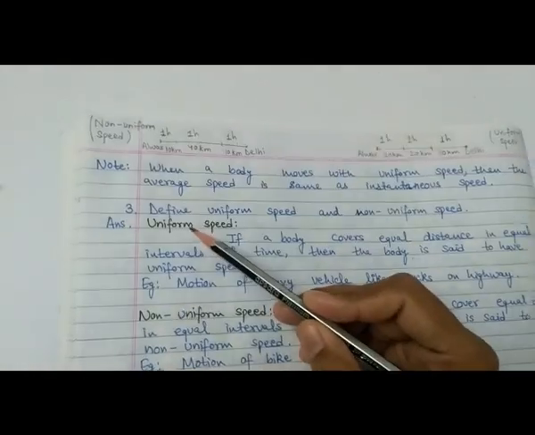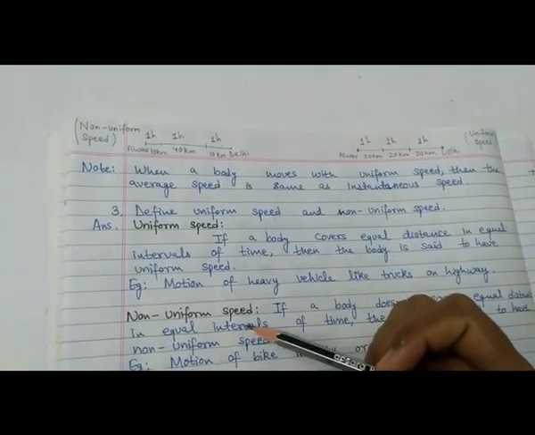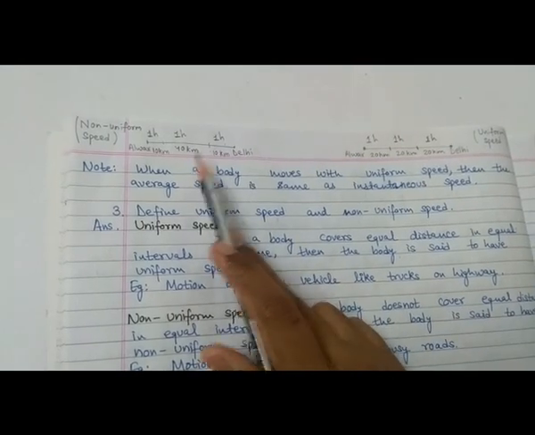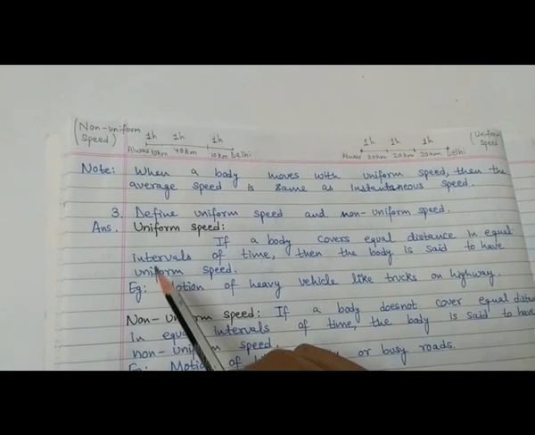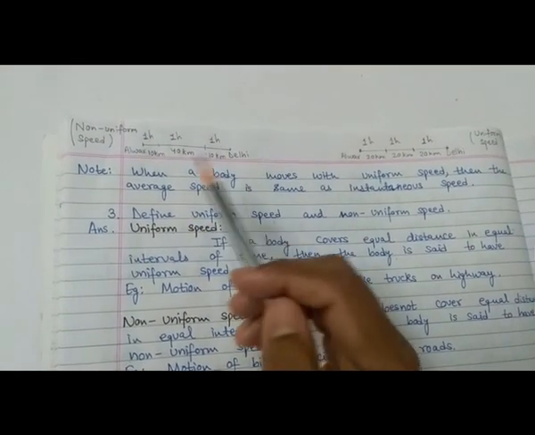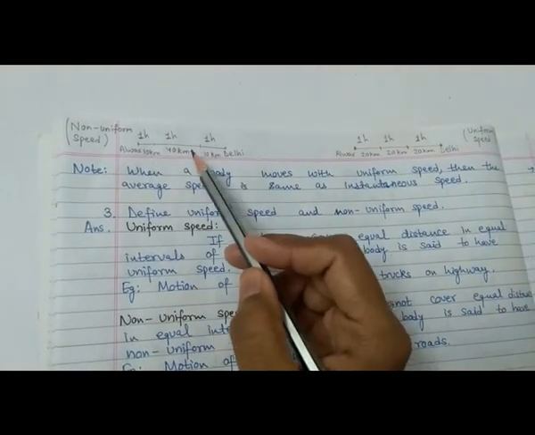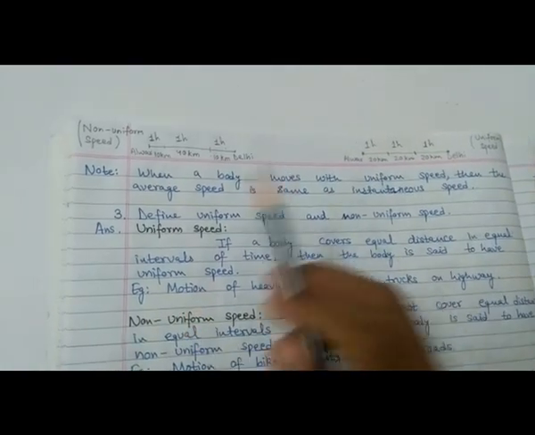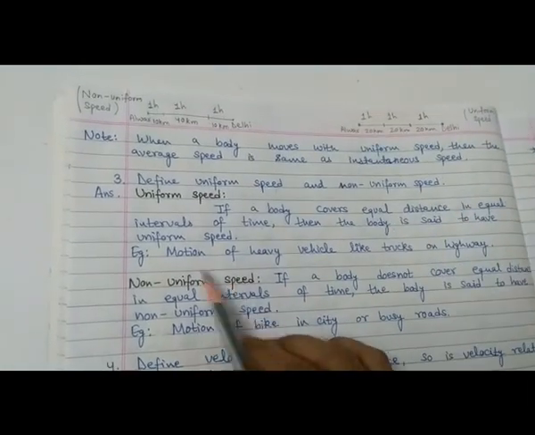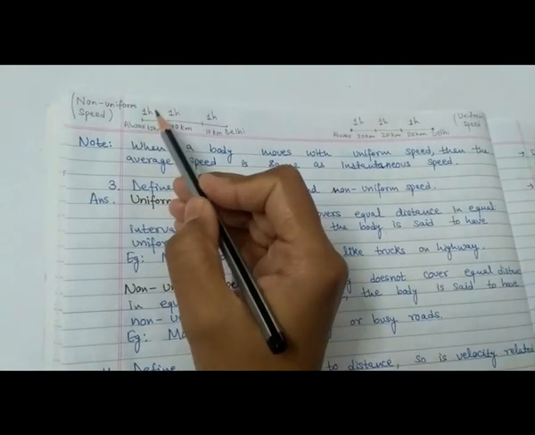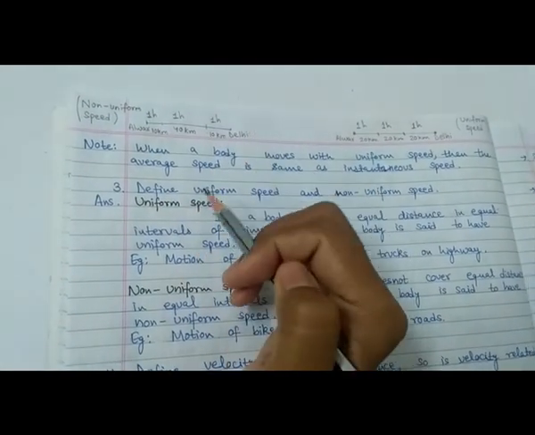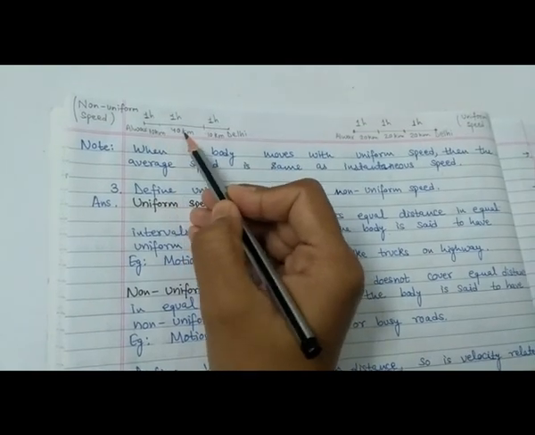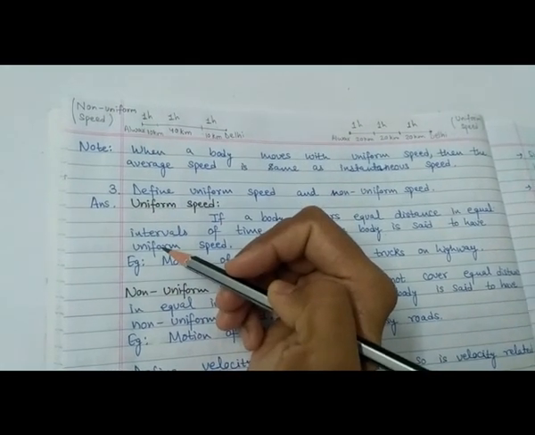While mentioning uniform and non-uniform speed, we consider equal intervals of time and see whether the body is traveling equal distance or not. So in non-uniform speed, in equal intervals of time, the distances are unequal.